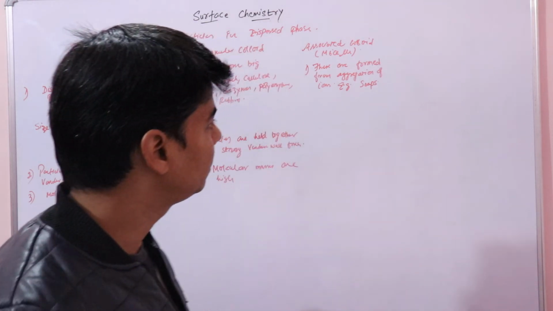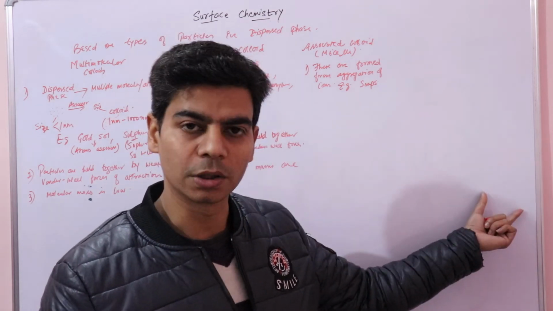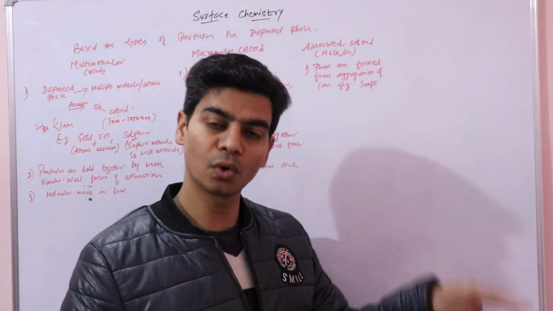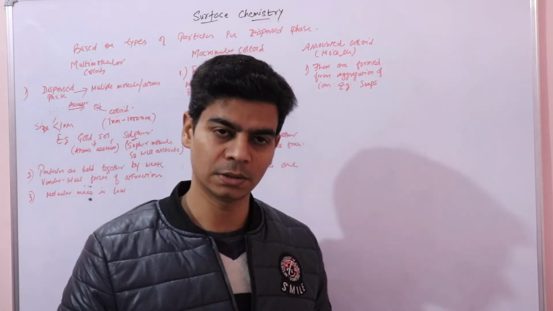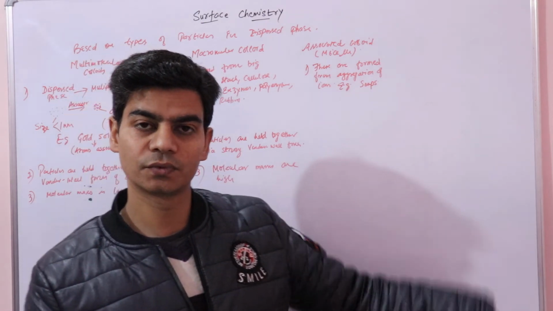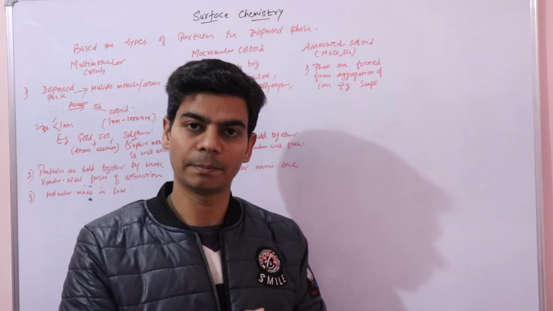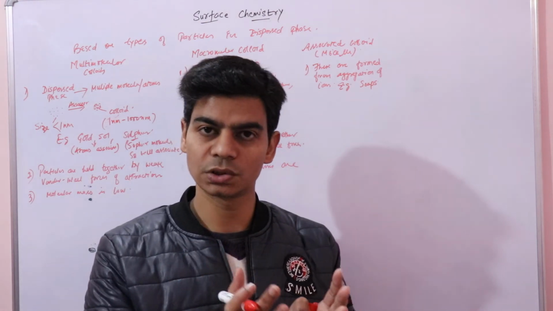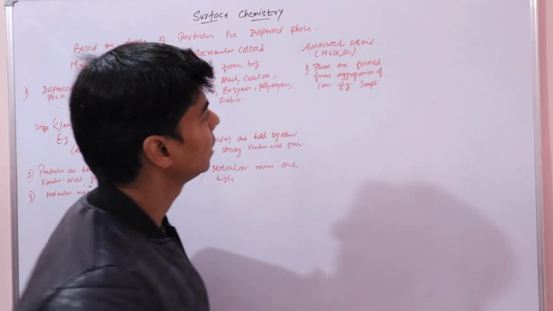What we mean by that is, if soap is dissolved in water at low concentration, soap will act as a normal strong electrolyte, like that of true solutions. But when you increase the concentration of soap in water, it will start associating. The particles of soap will start associating to form associated colloids or micelles.